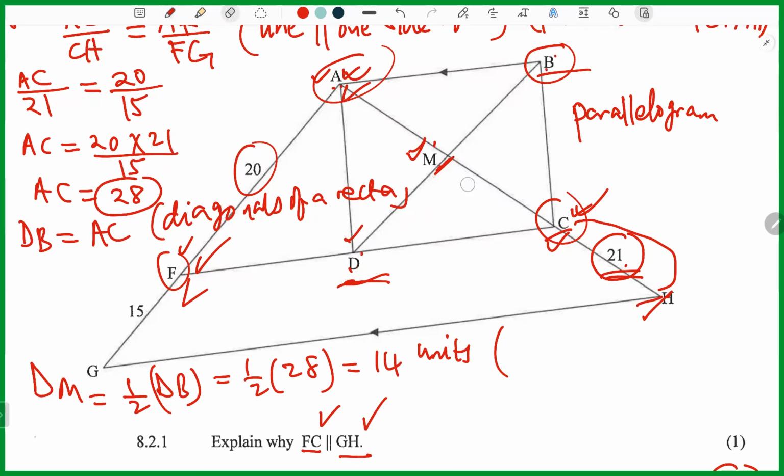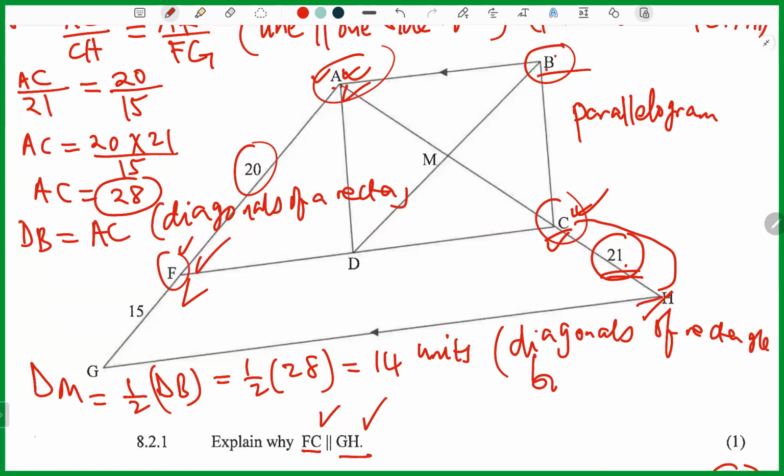All right. Why? Well, the reason is that the diagonals of a rectangle bisect. Diagonals of a rectangle bisect.